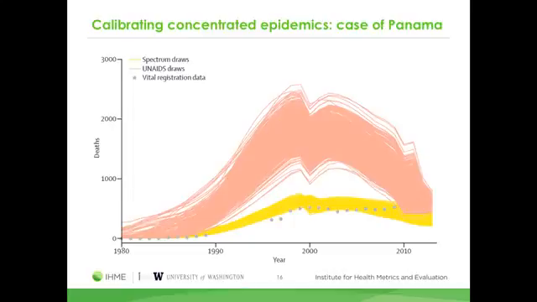The gray dots here are the actual number of deaths recorded nationally in a reasonable vital registration system in Panama due to HIV after these corrections for miscoding. And so there's obviously a huge mismatch between these in a place like Panama.